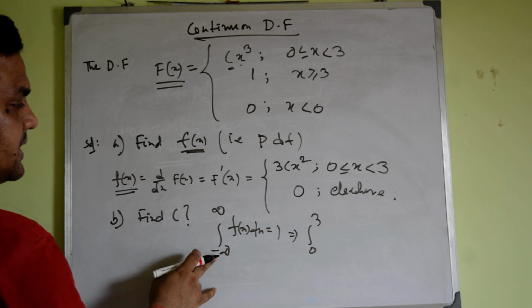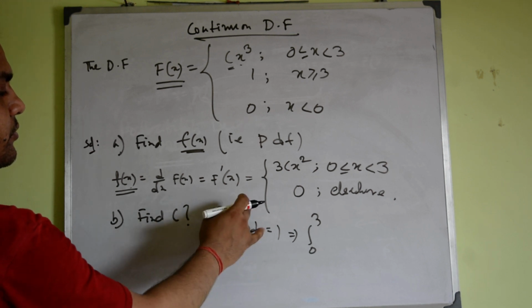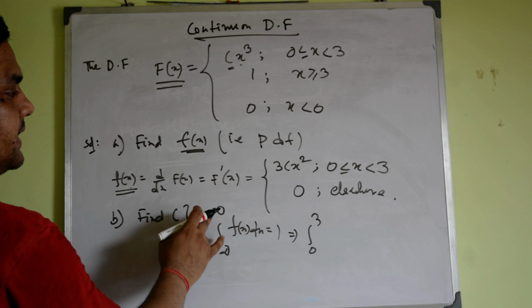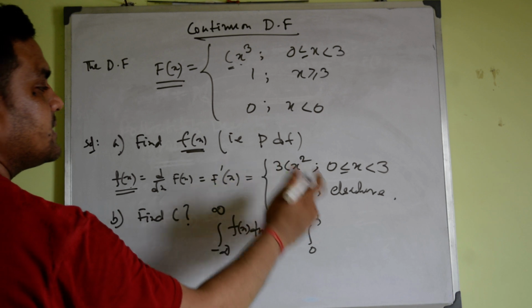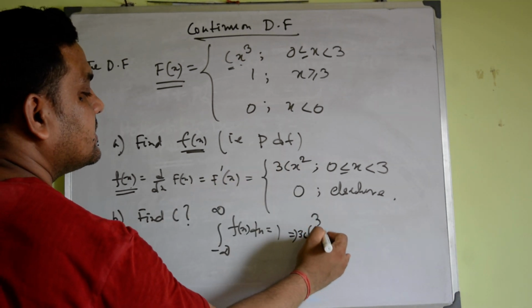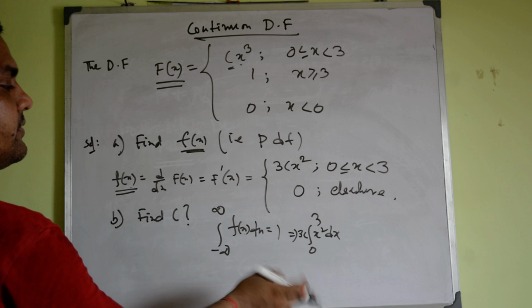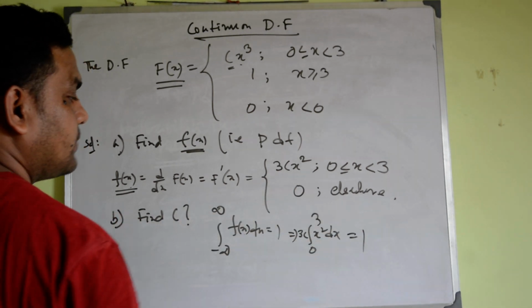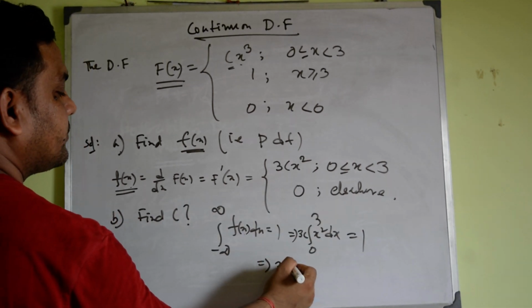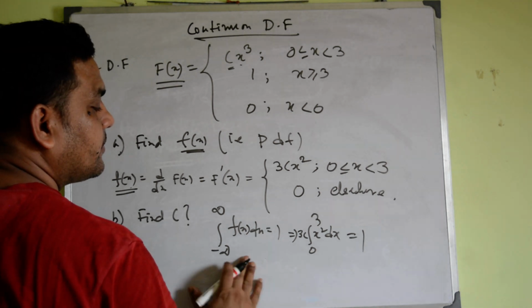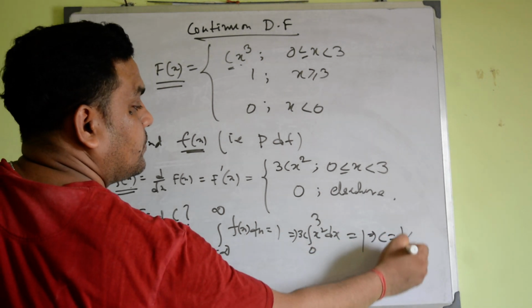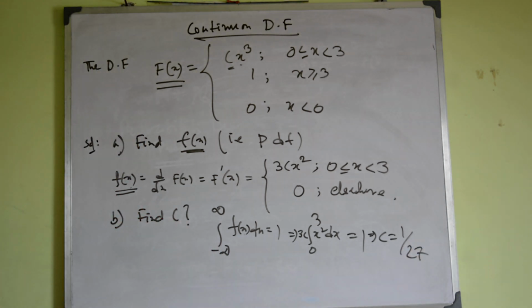I split it into minus infinity to 0, 0 to 3, and 3 to infinity. From minus infinity to 0 the functional value is 0, then 0 to 3 it has some value, so here 3c constant, simply x square dx, and 3 to infinity again 0. So this equals 1. From here you will get 3c into x cube by 3. So 3 cancels out, and x cube means 27. So from here you will get c is equal to 1 by 27. So done, c is equal to 1 by 27.